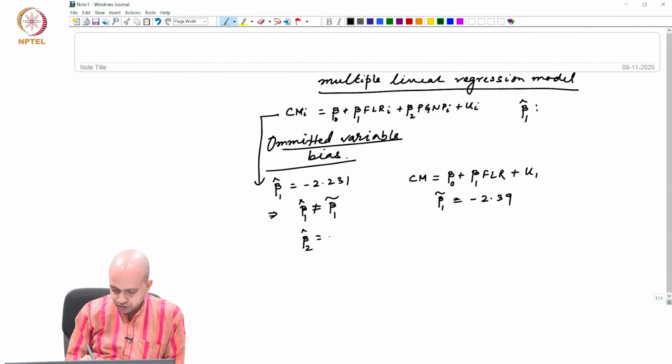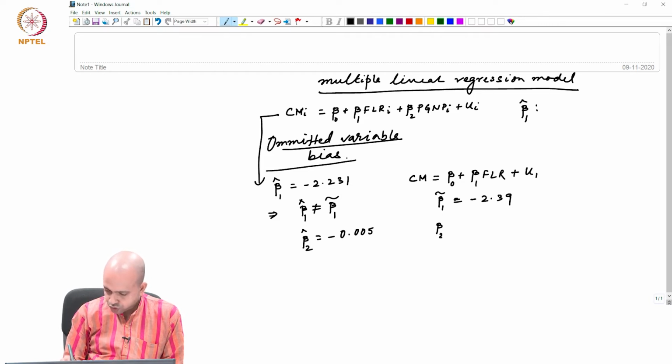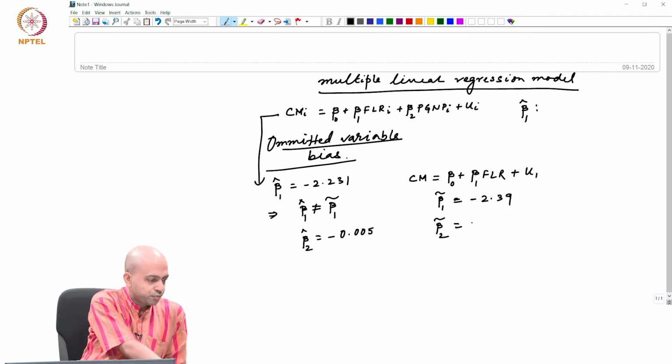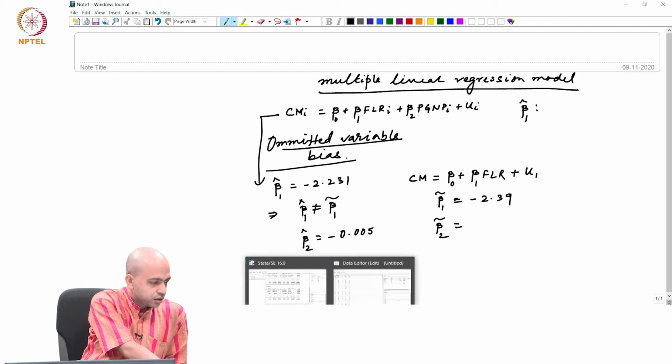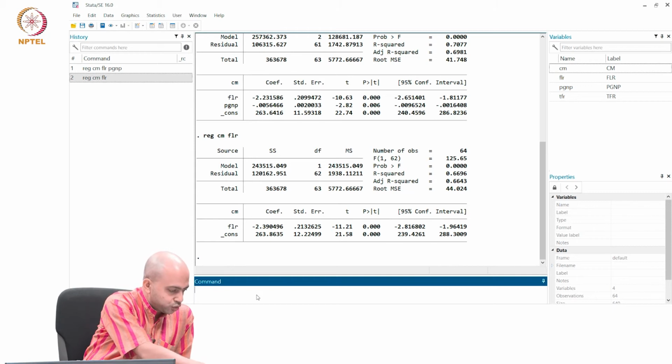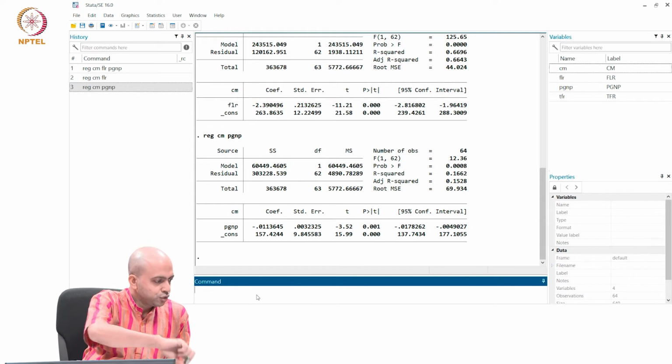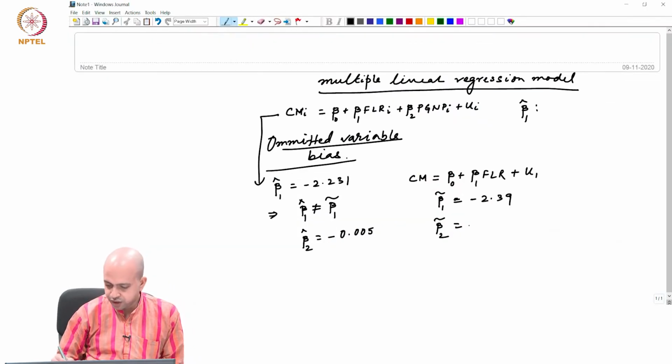Then we will try to estimate beta 2 tilde also from the incomplete model, where we include only PGNP as the explanatory variable, and what is the value? Minus 0.01.